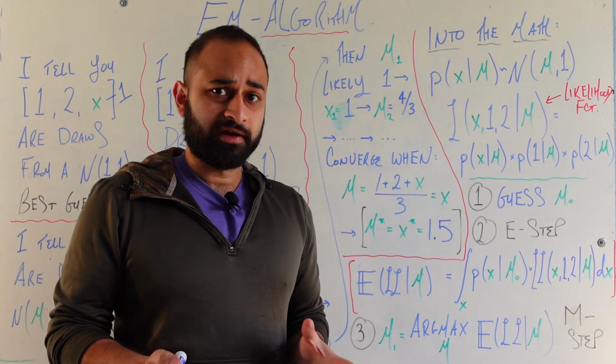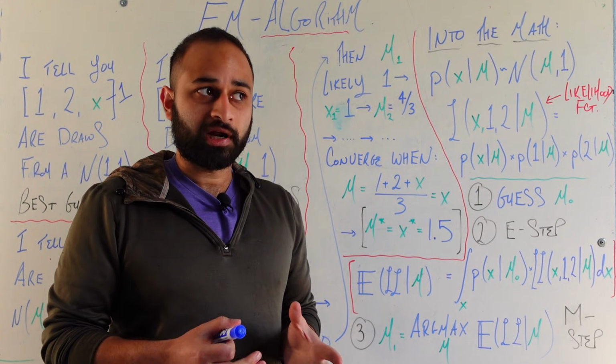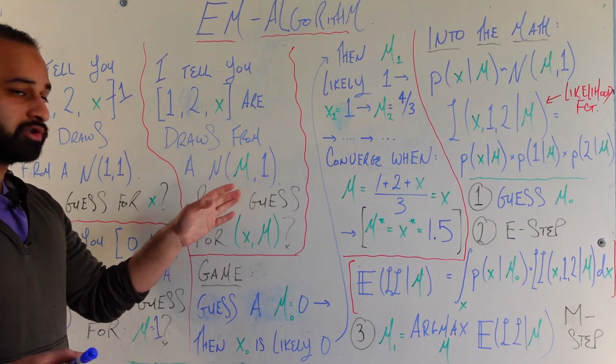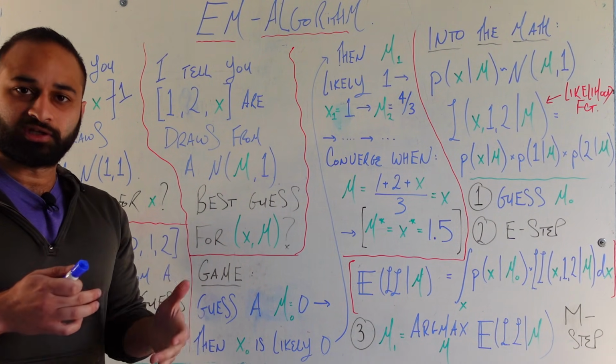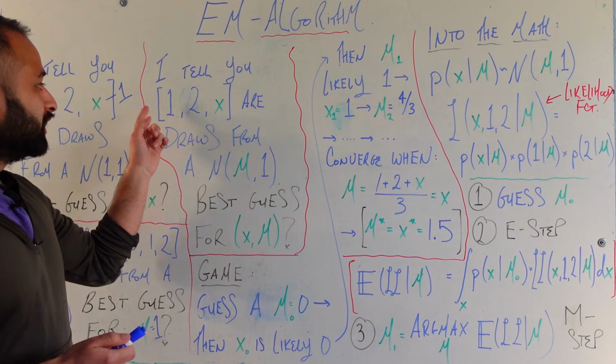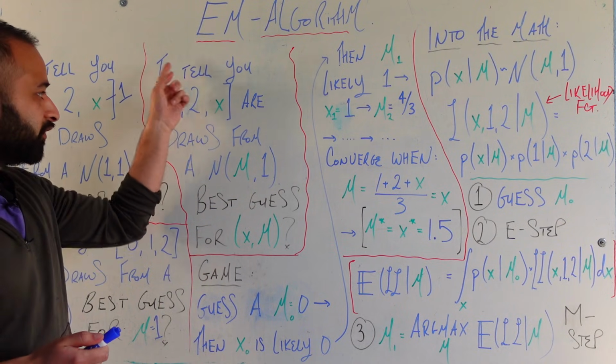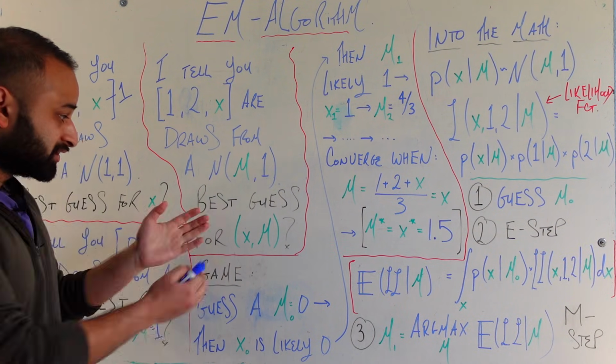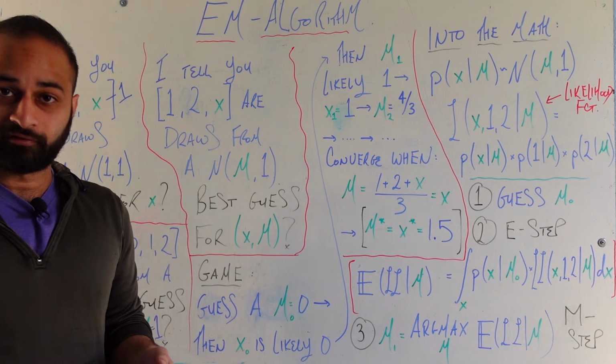Now let's do a quick sanity check to make sure this makes sense. Pretend that I told you that the value of the missing data x was 1.5 and mu was also equal to 1.5. Is that information consistent with each other? Well, if x was equal to 1.5, then the empirical average of these 3 things is 1.5, which makes sense for mu to be equal to 1.5.